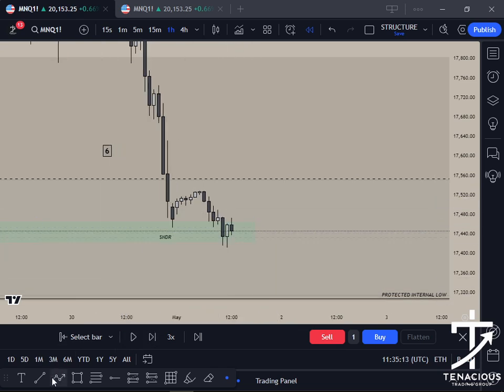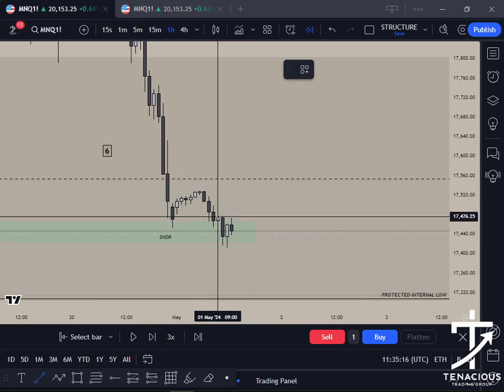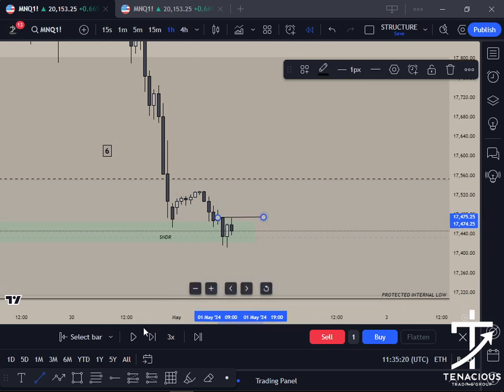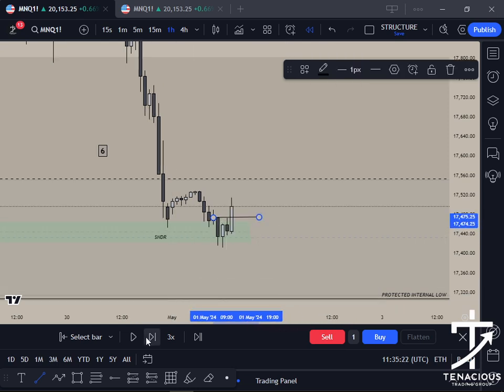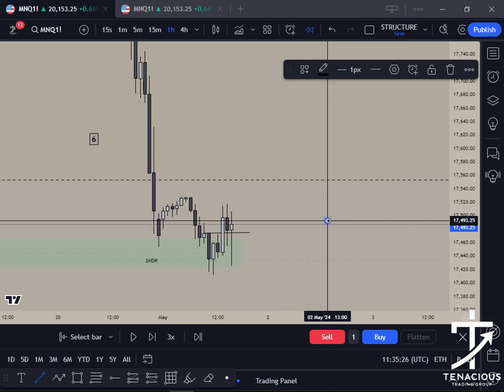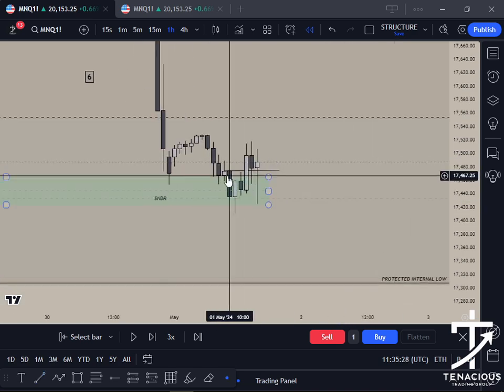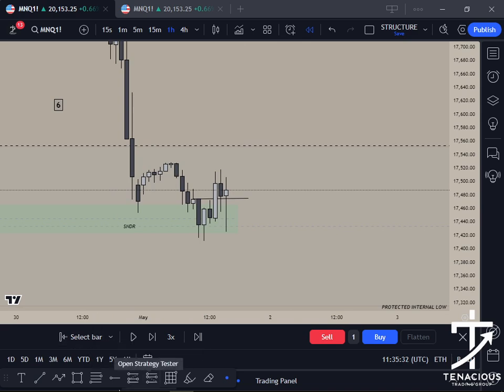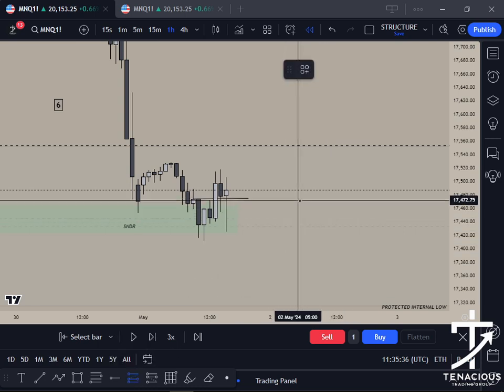So now I want, for validated swing high, I want a candle close above this, and then you will enter. Okay, perfect. So we've now got that validated swing high. So you would enter off the validated swing high.